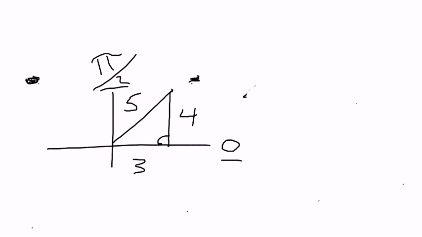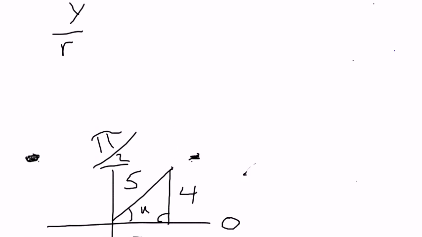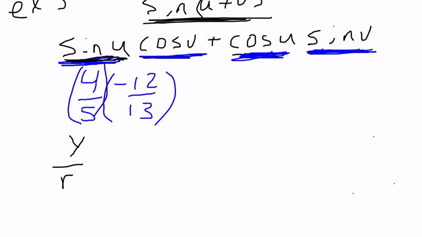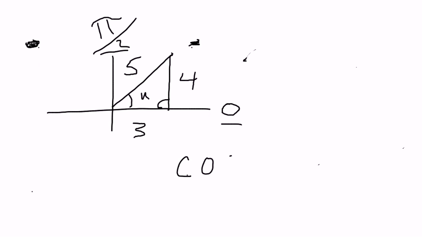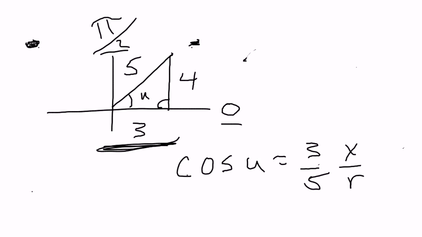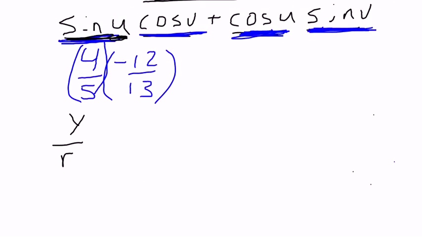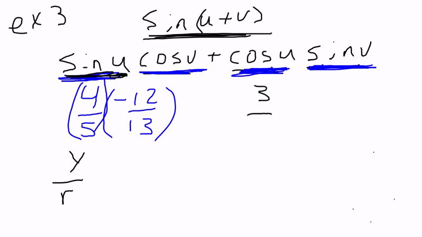This is the u angle, so cosine of u is going to equal 3/5. Cosine is x over r. So now I can substitute in 3/5 wherever I see cosine of u, and I'm going to put it right here.